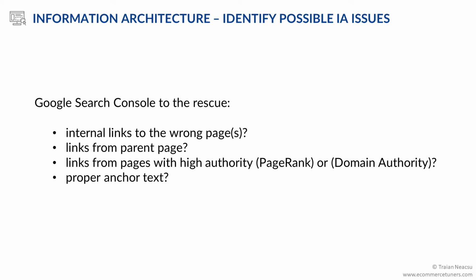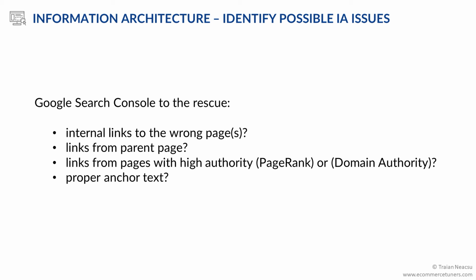Look for signals such as, are there more internal links to the wrong pages than to the desired page? Is the desired page linked from the parent pages? Is the desired page linked from pages with high authority? Is the desired page linked with the proper anchor text?